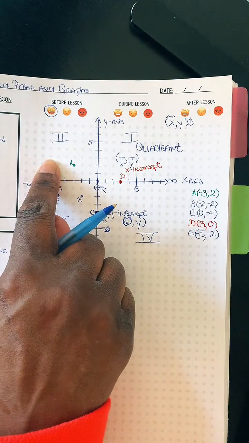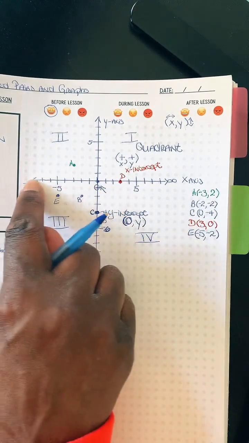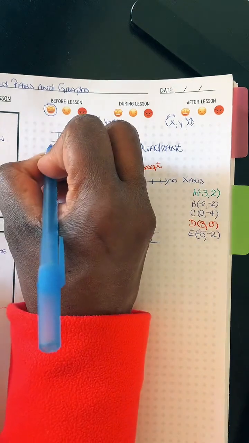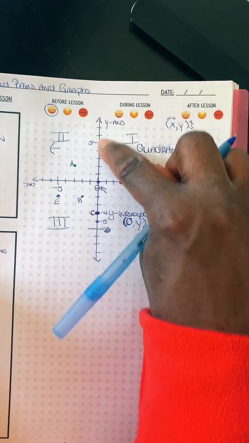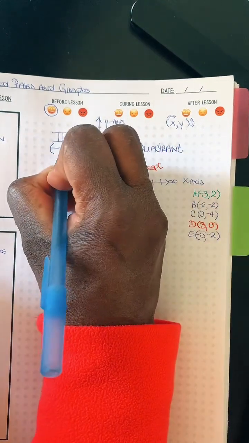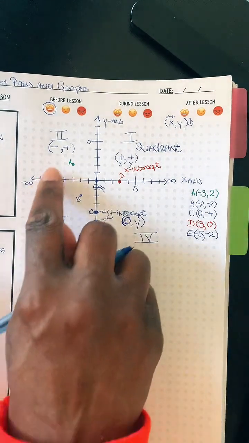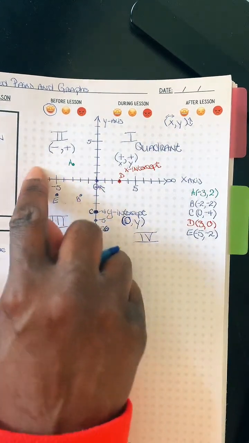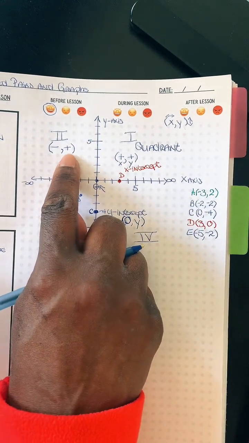In the second quadrant, my X values, remember that goes left to right, these are my negatives. But my Y values, if it's above 0, it's going to be positive. So all the numbers in quadrant 2 are going to be negative and positive.